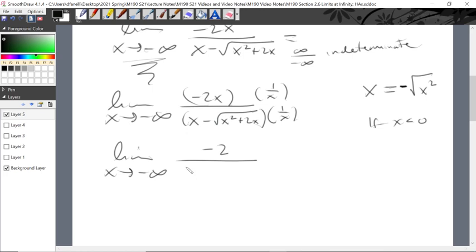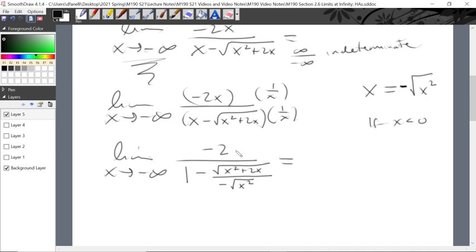On the bottom, we're going to have 1 minus the square root of x squared plus 2x. And then the x down there, in order to combine it into the square root, we need to replace that with a square root. Since x is negative, that means we're replacing this with negative the square root of x squared. Run the limit from here.